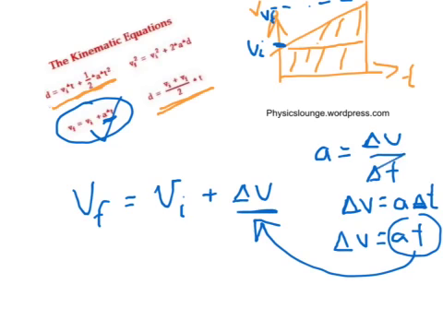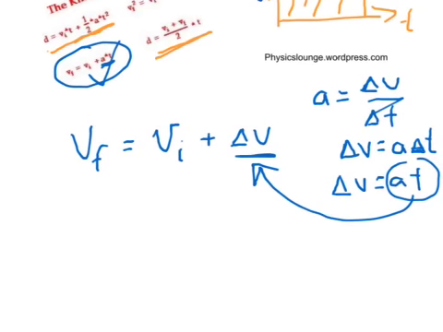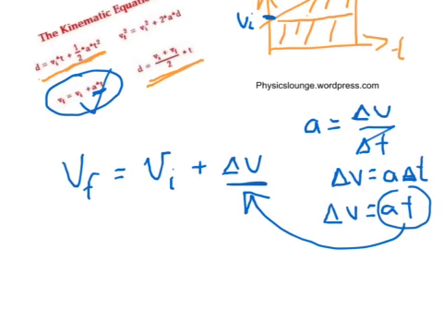Now, the second one is just a wee bit more complicated. How we derive it is by using two equations and substituting one equation into another. You can have a bit of a go at that yourself, stop the video and go right ahead, but I'll have a go at doing it now as well.